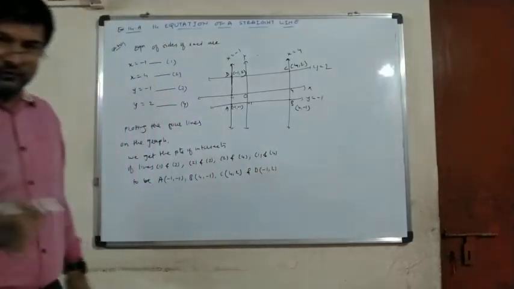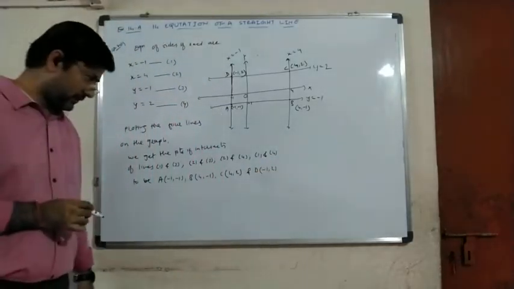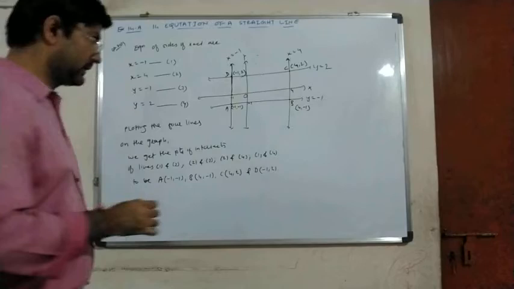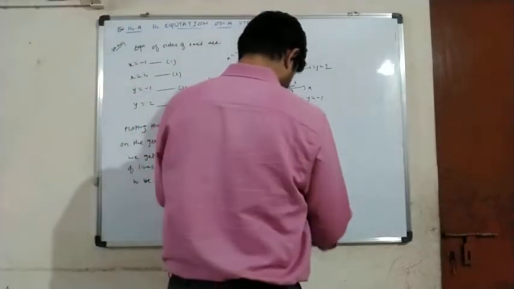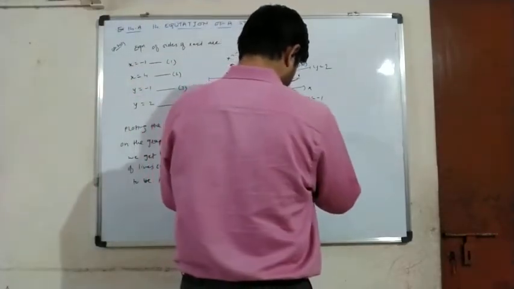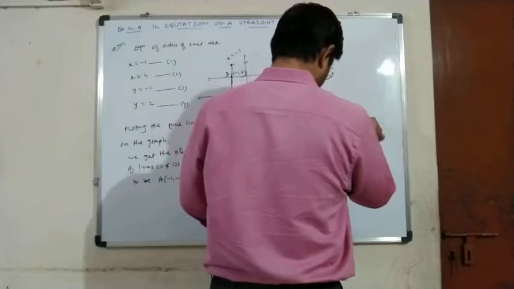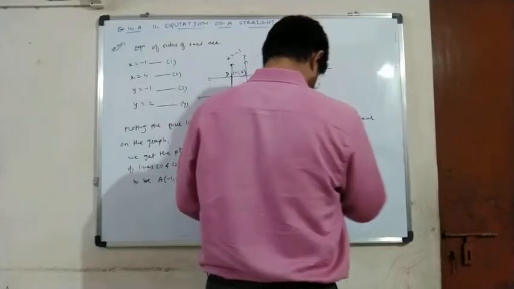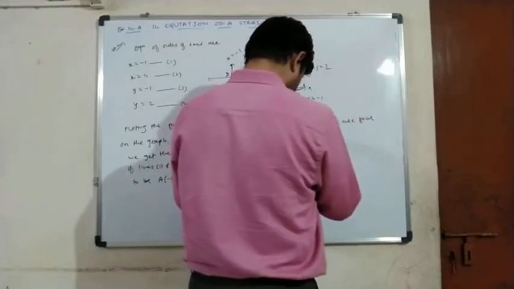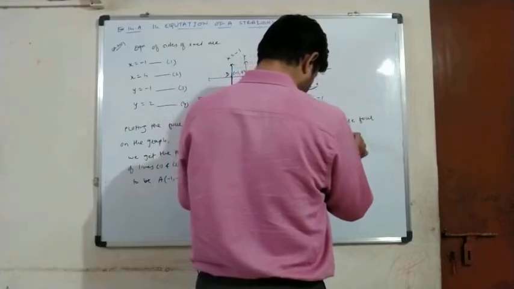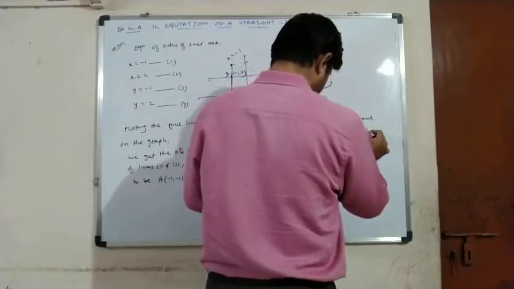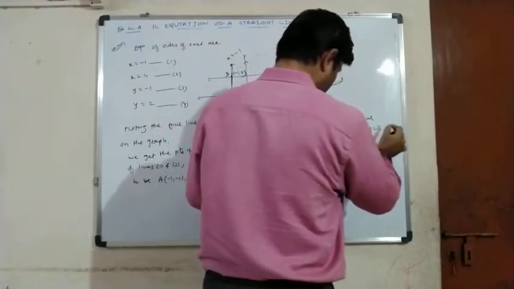So we got the 4 vertices of the rectangle, yes or no? Therefore, A, B, C and D are 4 vertices of rectangle ABCD. So we got the 4 vertices.